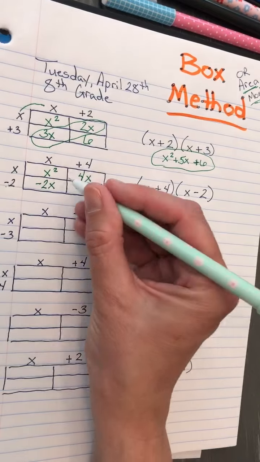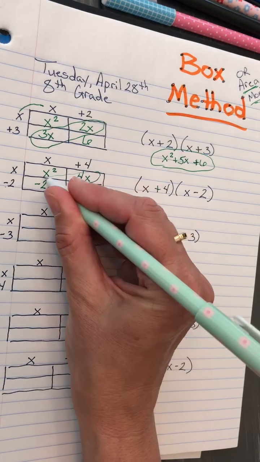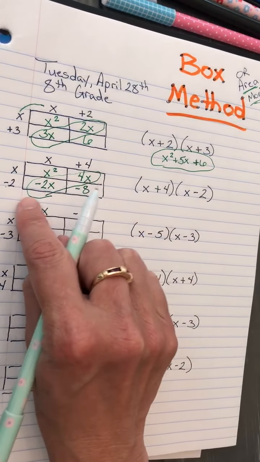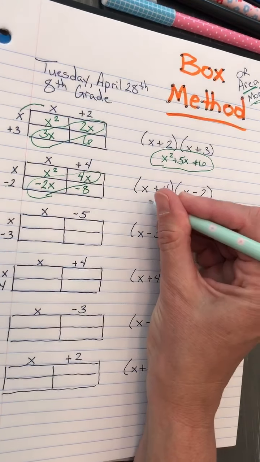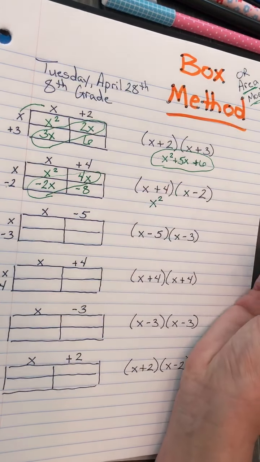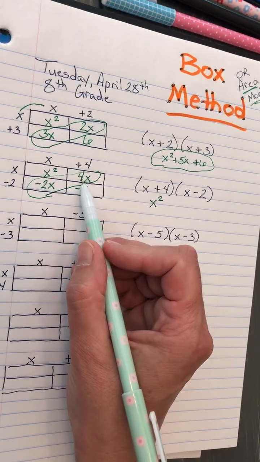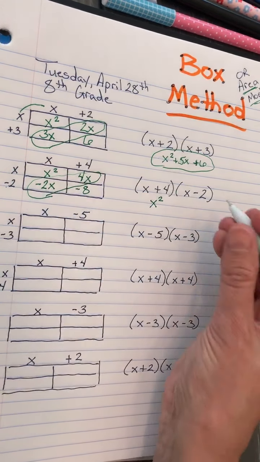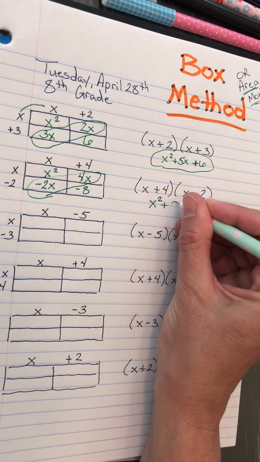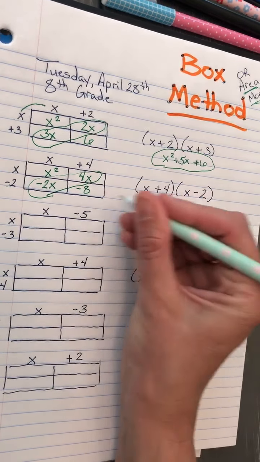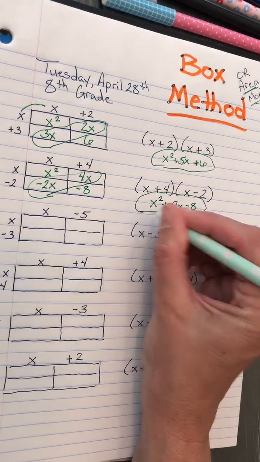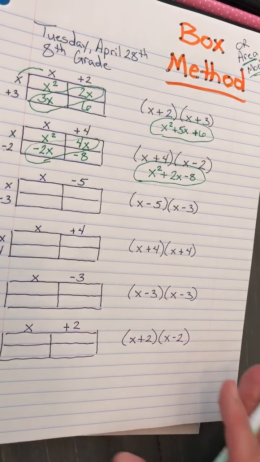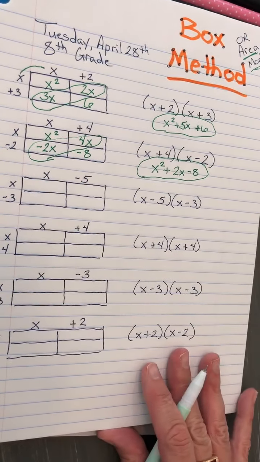Once again, you're going to notice we're always going to combine these terms that are on the diagonal. So our answer is x squared. A positive 4x and a negative 2x would give us a plus 2x. And then our constant is a minus 8. And that is our answer to our second problem.